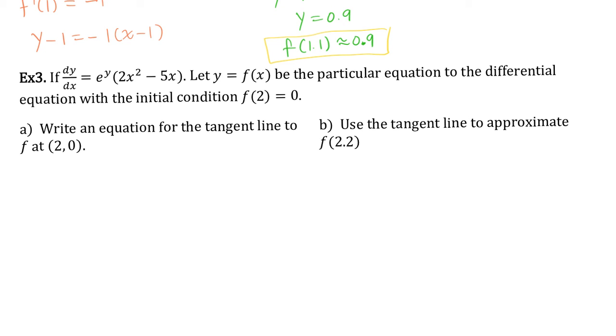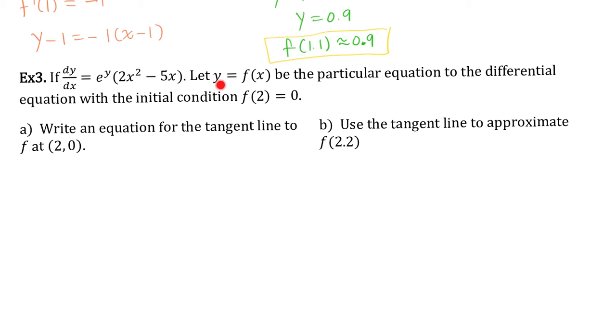Okay, what's number 3 asking me? If dy/dx equals e to the y times 2x squared times the quantity 2x squared minus 5x, and y equals f of x, let y equals f of x be the particular solution to the differential equation with the initial condition f of 2 equals 0. Write an equation for the tangent line to f at (2, 0). Okay, let's go back to the given. They give me the derivative of y with respect to x is this.